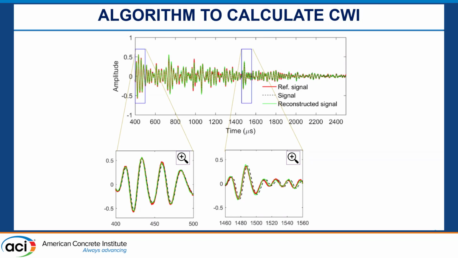Here's an example of the signal where our algorithm was created to basically replicate the signal. First of all, we had to prove our algorithm would work, so we would make a signal, ping it and calculate it. You can see here the reconstructed signal is in green, the actual signal is the black, and the reference signal is red.